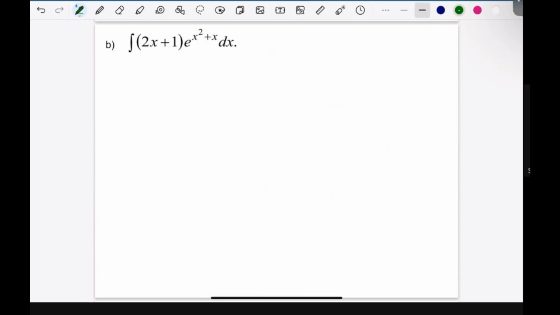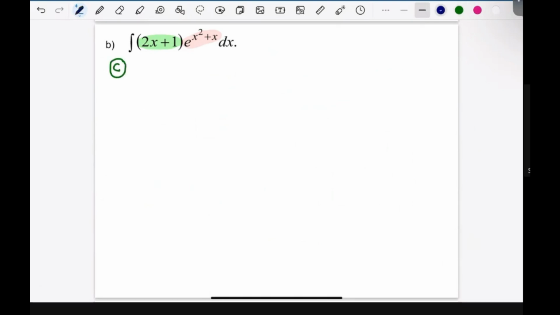Okay, so once again, if we analyze this function, one is 2x plus 1, another one will be exponent. It's multiplication of two different functions that is impossible to simplify. Okay, so in this case, you know you have to use a technique of integration. Okay, so let's start with our first step.